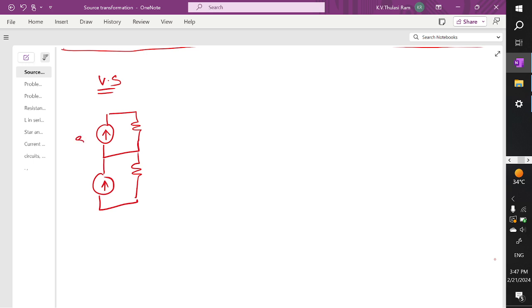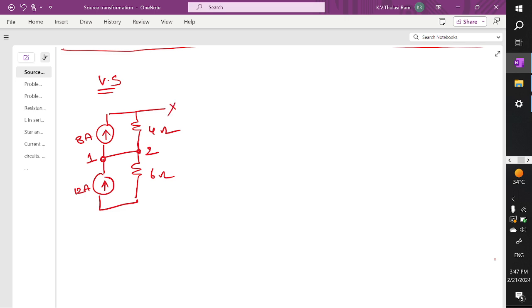The current is 8 amperes and the resistor is 4 ohms. Let's mark these nodes: this is 1, this is 2, these both are same. And now we have 12 amperes, and this is 6 ohm.